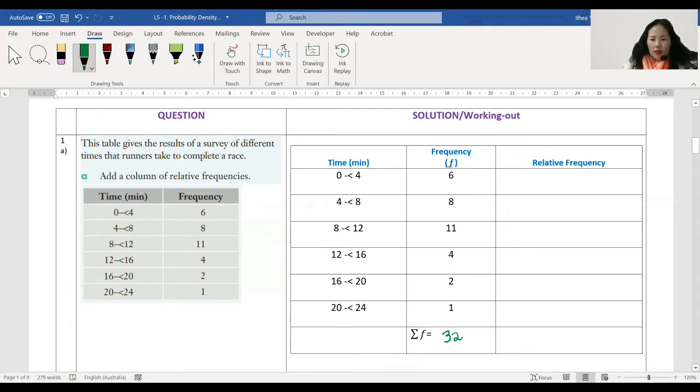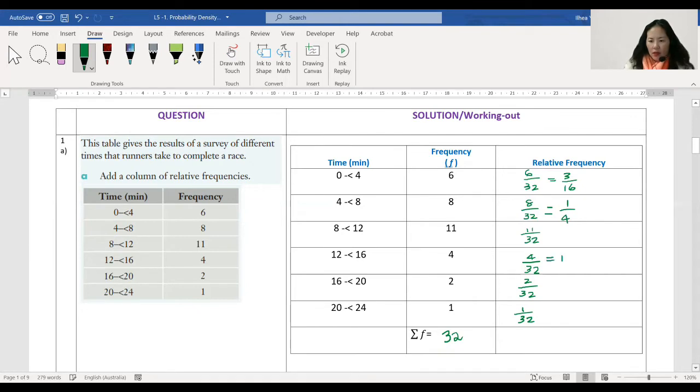So let's have a look at that. I'm going to put 6 over 32 because that's my total outcome, and that simplifies to 3 over 16. And then I'll put 8 over 32. I'm just going to put it all out of 32 first and then see if I can simplify. The second one we can simplify as 1 over 4, a quarter.